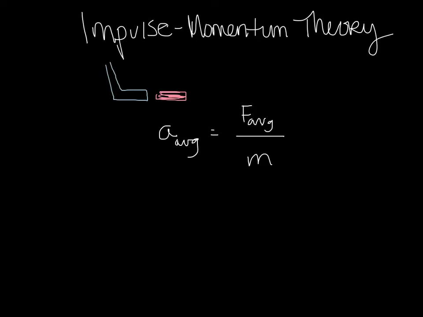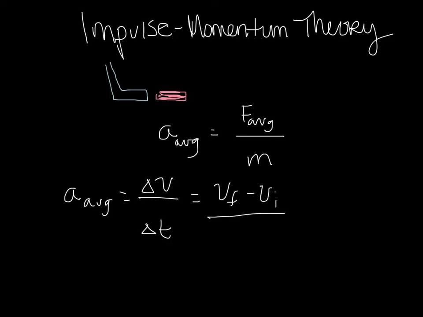We also know that the average acceleration of any object is the change in velocity over the change in time. Therefore, that's also equal to the final velocity minus the initial velocity over the change in time.